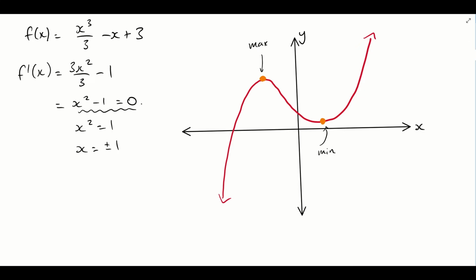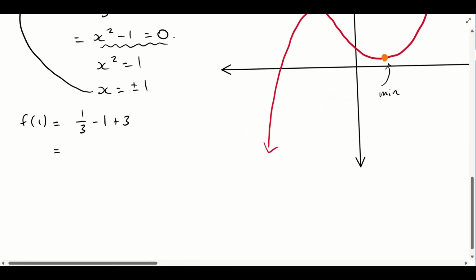So what are the two coordinates for our critical points? Well, we substitute when x is 1 and minus 1 back into our original equation. So when x is 1, f of 1 is going to be equal to 1 cubed on top of 3, which is a third, take away 1 plus 3. A third take away 1 is going to be minus 2 thirds, plus 3.